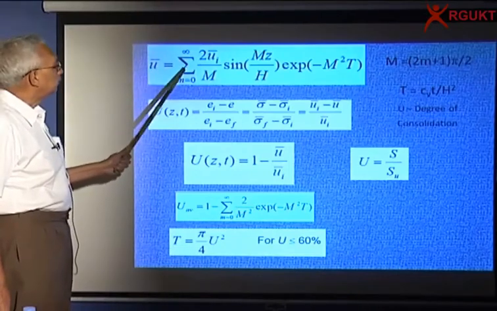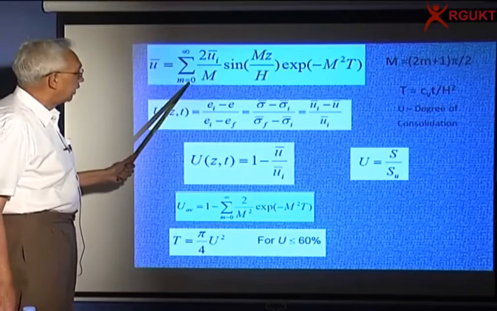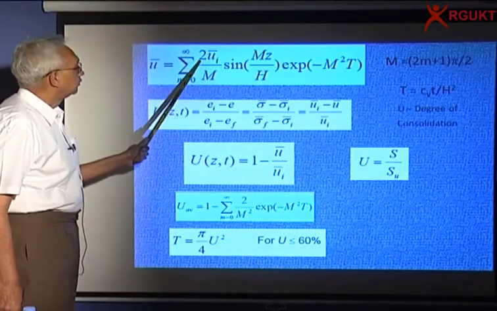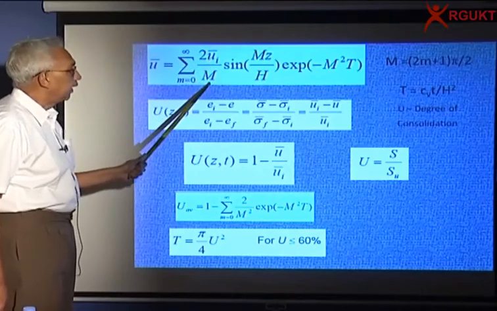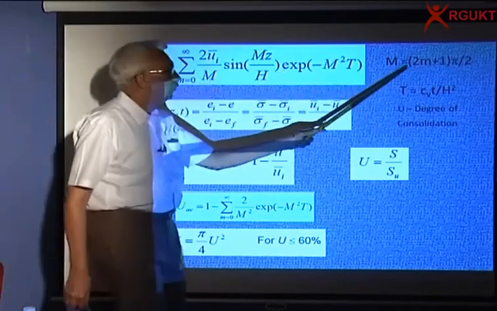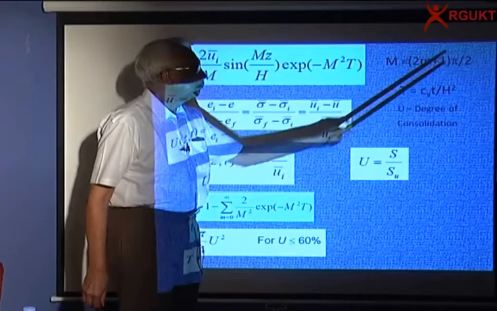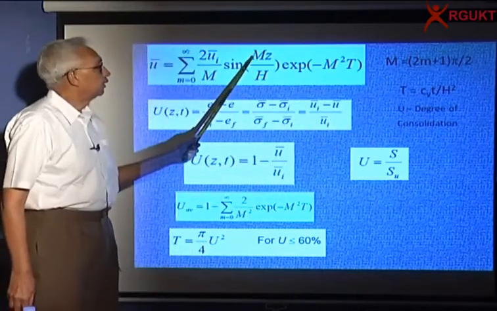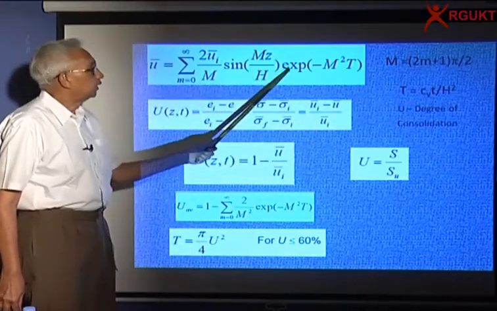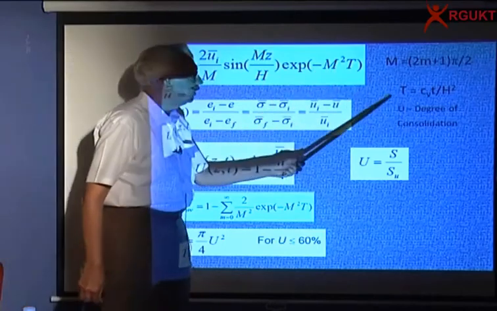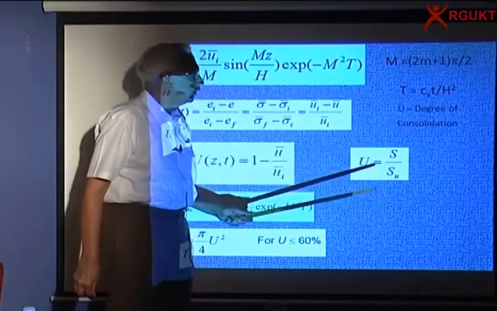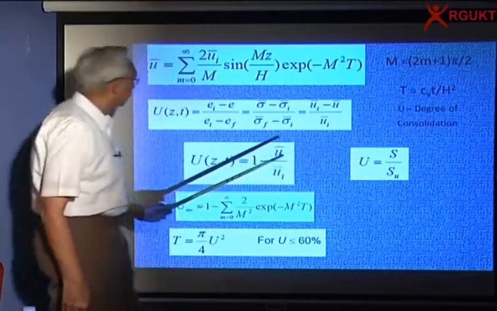U is equal to the sum over m equal to 0 to infinity of twice the initial pore pressure, which is constant with depth, divided by M, where M is nothing but (2m plus 1) times pi by 2, times sine of M z by h, times exponential of minus M squared T. Time factor T is c_v t by h squared, and U is called the degree of consolidation.